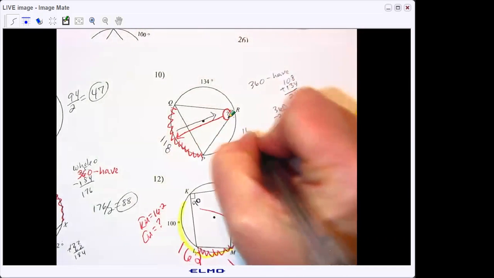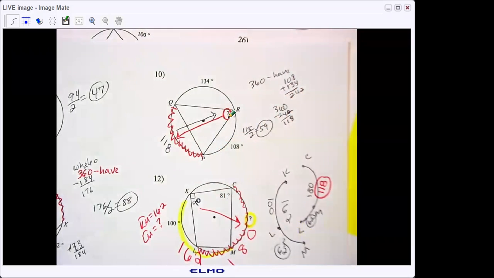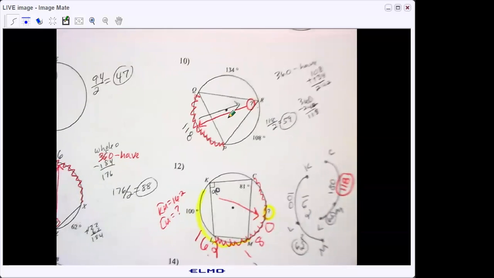So 118 divided by 2 is 59. So there's your angle. Nice. If you're doing a lot of scratch work on your paper, please circle your answer just so you know and I know what your answer was. Okay. Anybody still writing on that one?